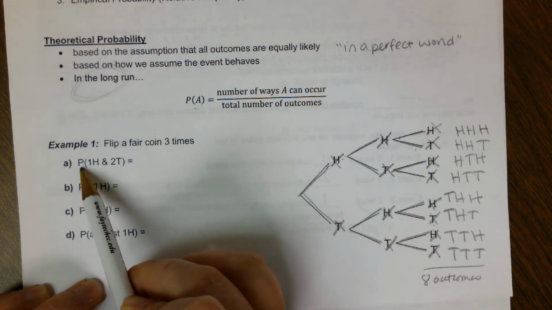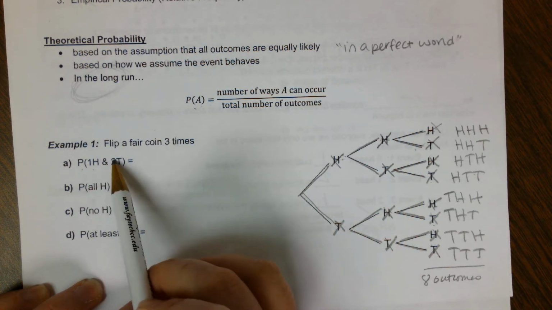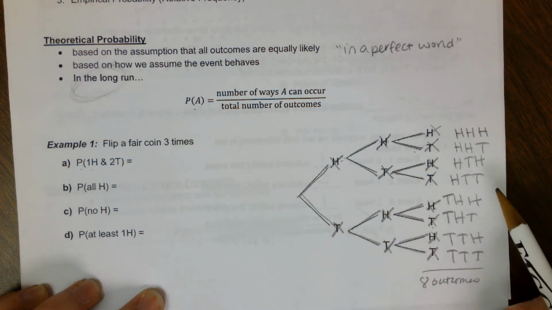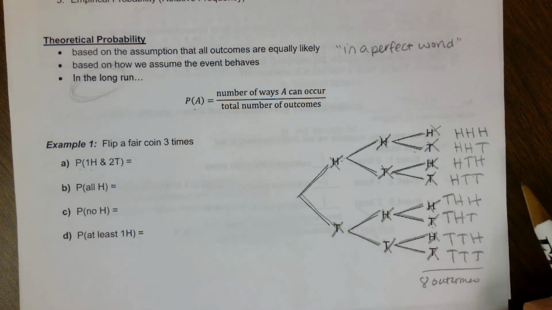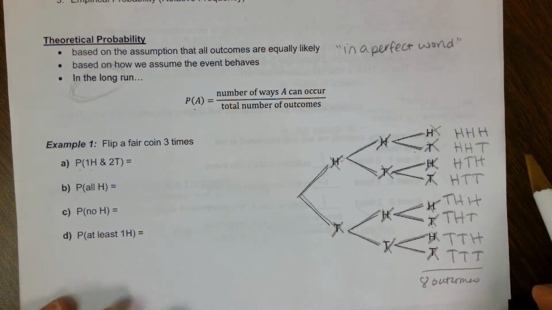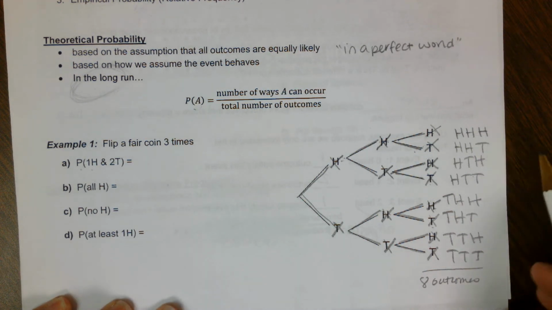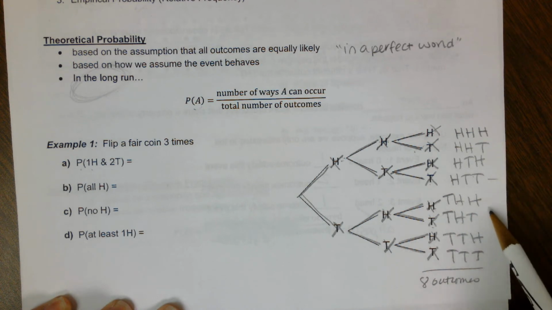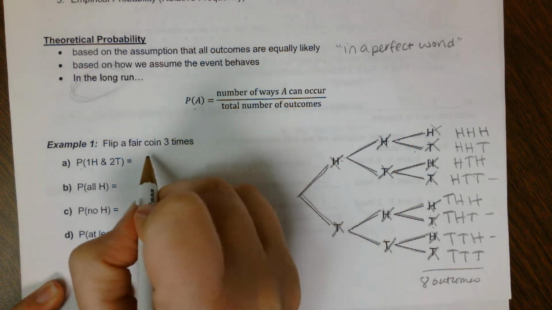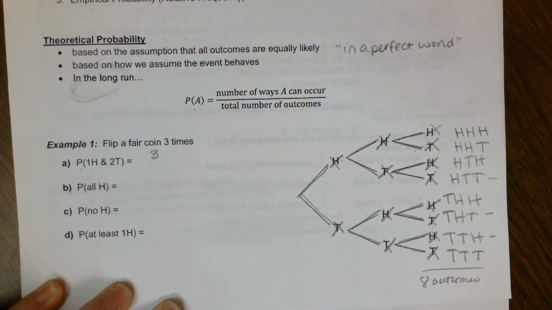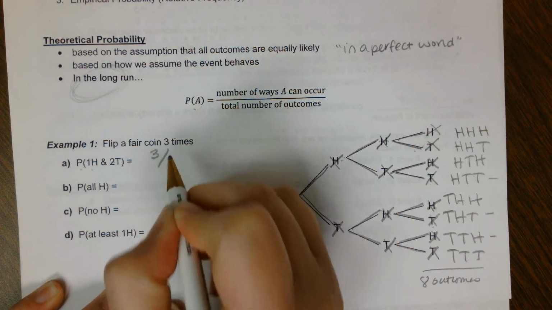So what is the probability of getting 1 head and 2 tails? Okay, so we're going to count how many times we have 1 head and 2 tails. So really we just have to think about just 1 head, right? So this has 2, this one has 1, so we have 1 and 2 and 3. So there's 3 possibilities of getting 1 head and 2 tails out of a total of 8.